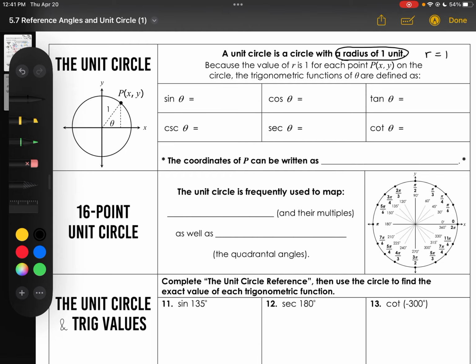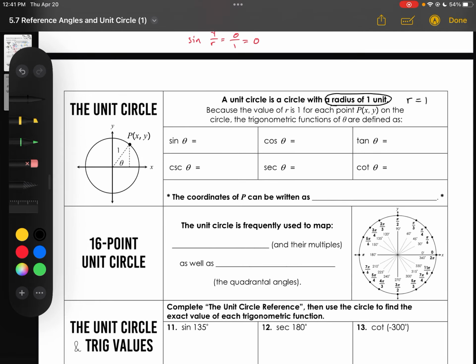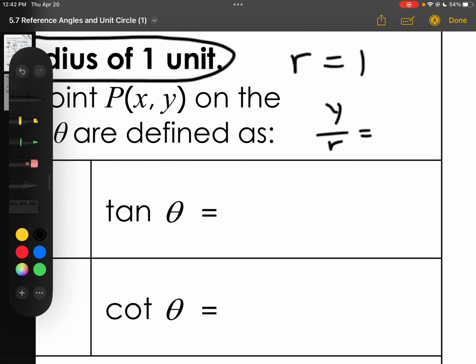Because the radius is 1 for each point on the circle, if you had something like sine, before we had sine being y over r. Well, instead of y over r, we know that r is equal to 1, and y over 1 is just y.